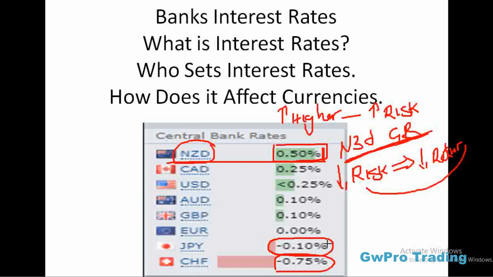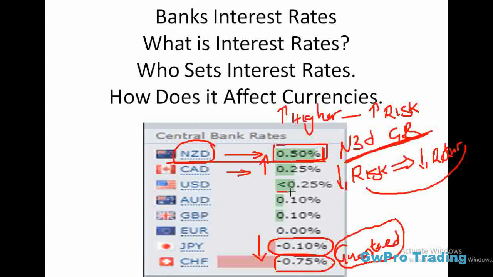This is more or less guaranteed, or you are guaranteed of your returns or your investment from this, but the returns is low compared to this with a higher return. So you have more of the large players putting their money on the NZD as well as the CAD.